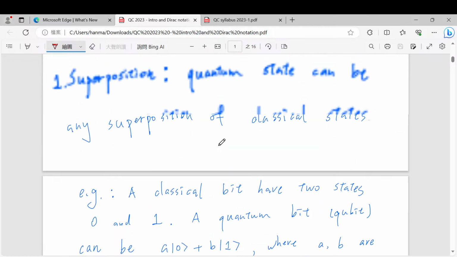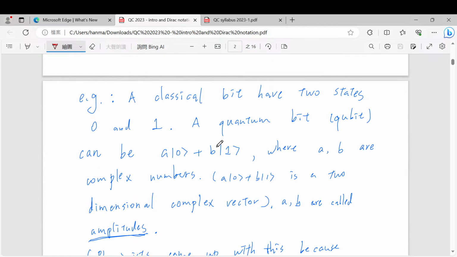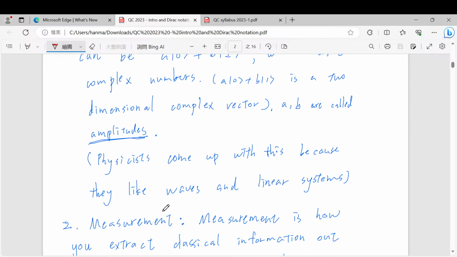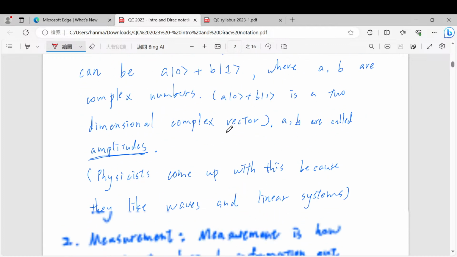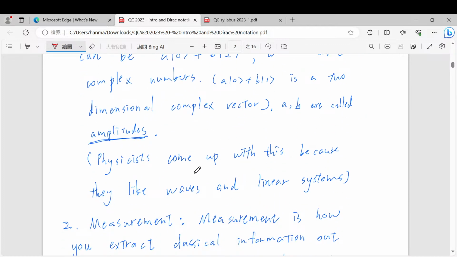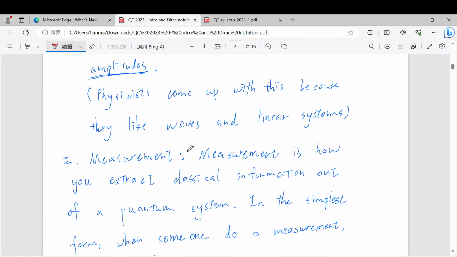There are reasons why physicists think the universe works this way. It's mostly because linearity is nice, and when they solve, for example, the wave equation, everything is in superposition.